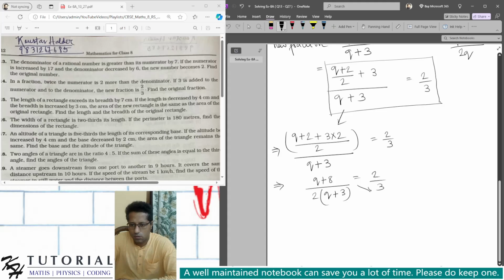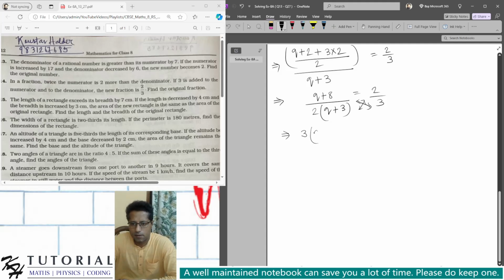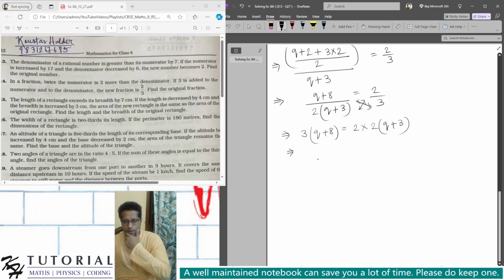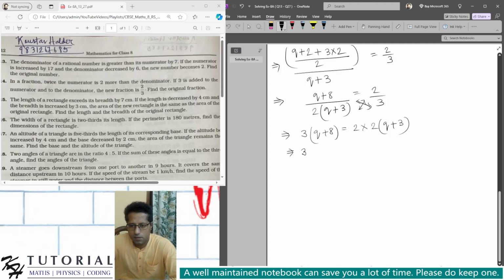Now we will do cross multiplication to solve the equation in q, and we get 3 multiplied by q plus 8 is equal to 2 multiplied by 2 into q plus 3. After doing the products and opening the brackets, we get 3q plus 24 is equal to 4q plus 12.